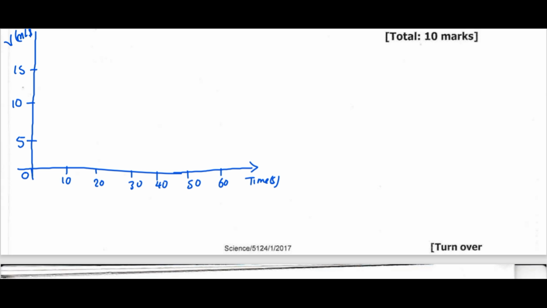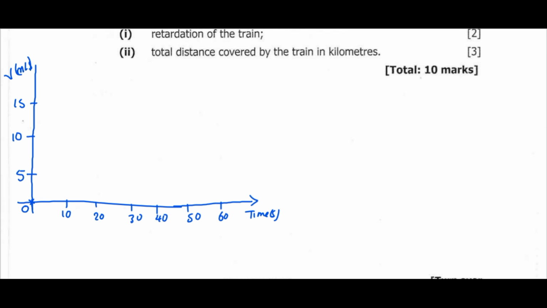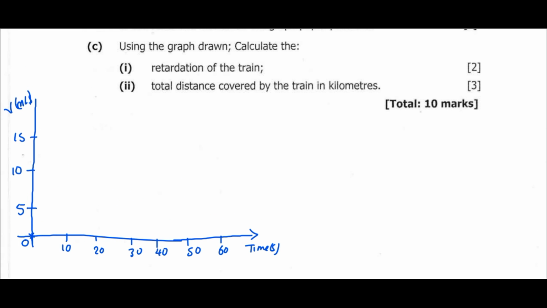The first point is 0,0 because it started from rest. The other point is at time 20, velocity 10. So the other point will be here. This is the first part, because we can get the acceleration that was given, 0.5. If we divide the final velocity 10 by 20, we get 0.5.